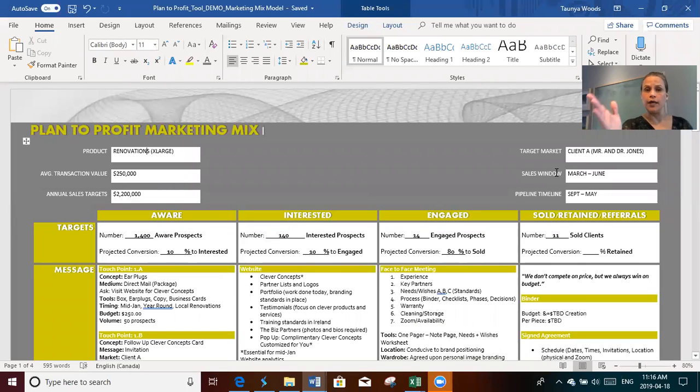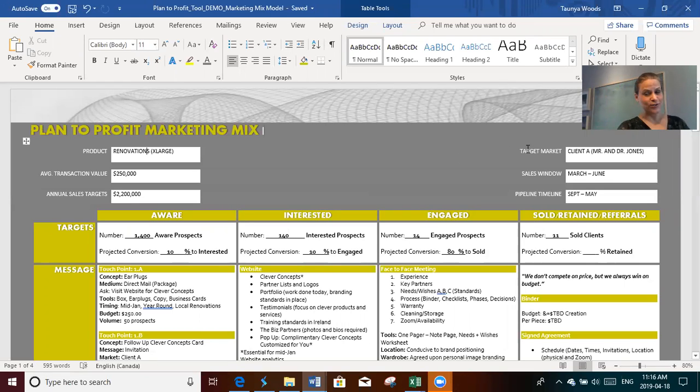Now your target market, you've answered those questions. In this case, I've put client A, because some of you might have multiple target markets for some of your products and services. Even if it's product A, you might have maybe 2 tiers of different customers. In this example, they did have 2 tiers. They had client A, which is an inner city, typically professor, lawyer, doctor.